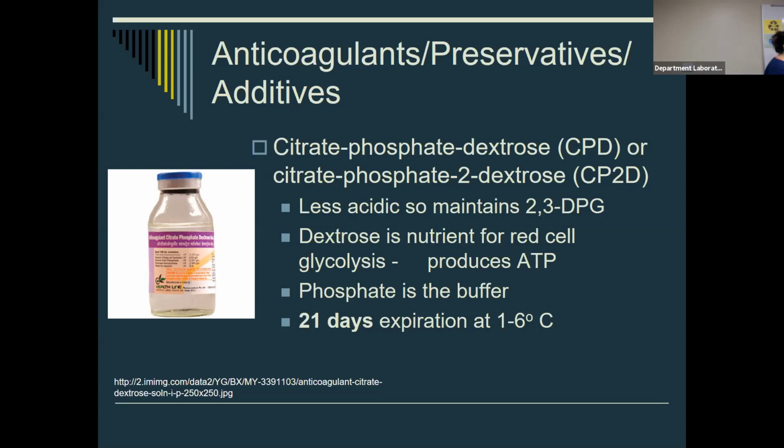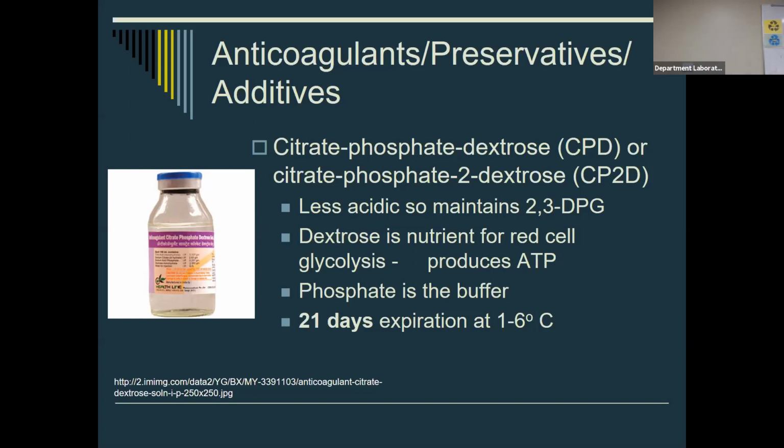And the storage temperature. Blood bank is really big on storage temperatures. Your red cells are stored at refrigeration. Refrigeration must be 1 to 6 degrees. I say 4 degrees, that's usually the mid-range. Anything lower than that can cause cell hemolysis.